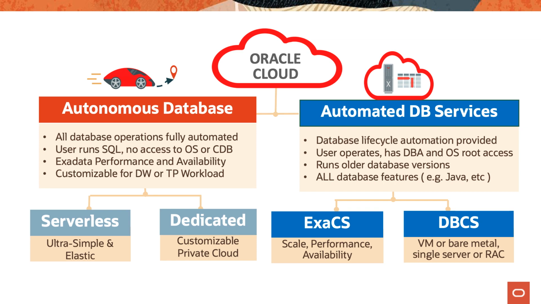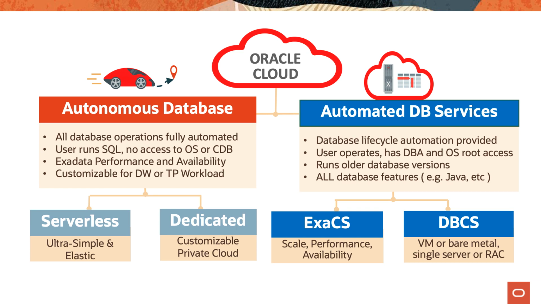Customers will have DBA and operating system root access, and they can run older database versions like 11g Release 2. These automated database services include all database features. And this line of services has Exadata Cloud Service for scalability, performance, and availability, as well as a database cloud service with the virtual machine or bare metal single server offering, or you can also cluster virtual machines as Real Application Clusters.